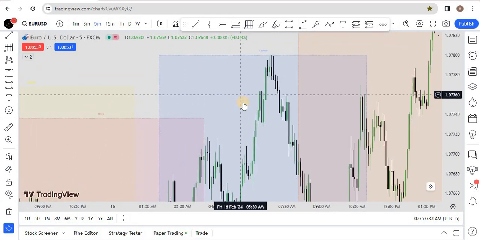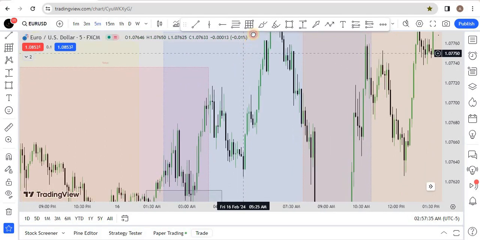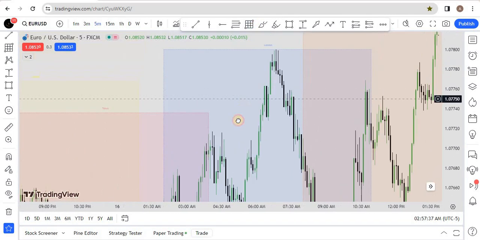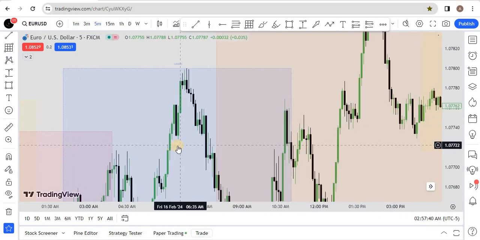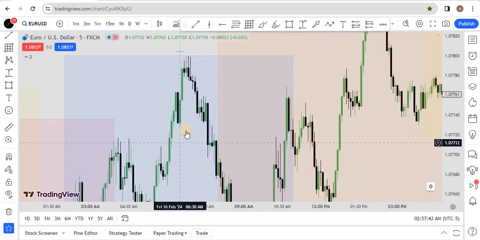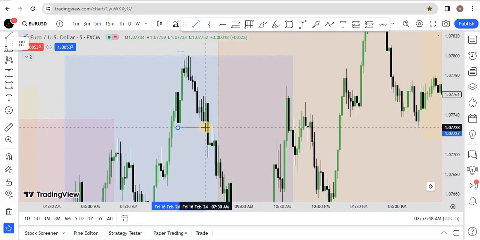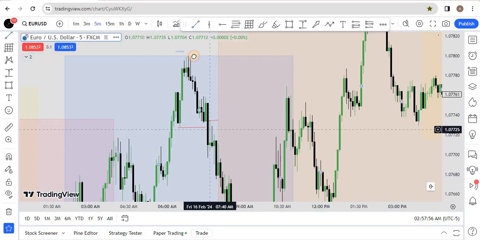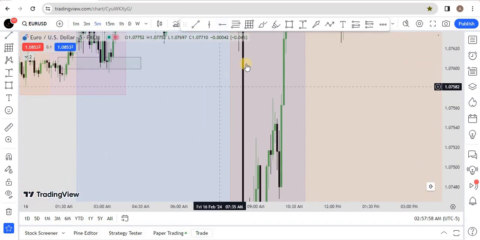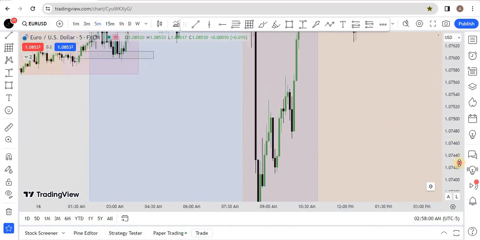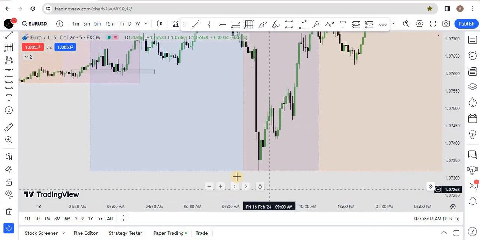In the London session we have the same scenario here. We have a swing point, a break, and an order block. Price just tapped the second candle and gave us a reaction. We have a tap.